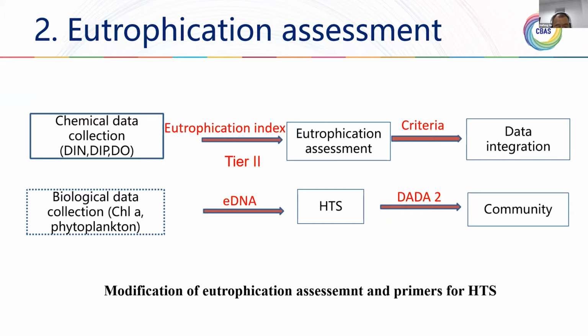In this study, we only use 3 chemical data: DIN, DIP, and DO, considering that the former 2 are easy to obtain, and DO is an important indicator for eutrophication, as shown in the previous slides. We also collect biological data by sequencing the eDNA to study the ecological consequence of eutrophication.